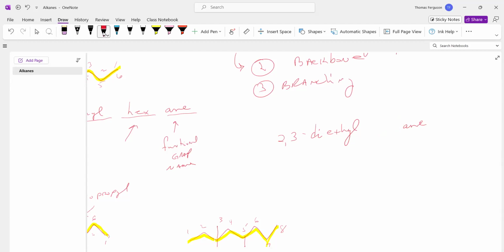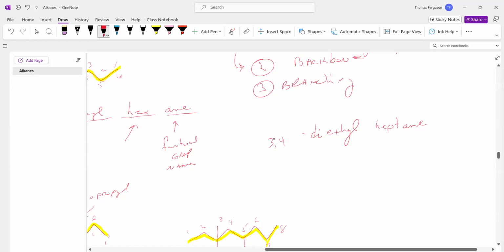Let's do heptane. Heptane is 7 long. And let's change this also. The reason I keep changing stuff has to do with the backbone is going to change. So let's do 3,4-diethyl heptane.